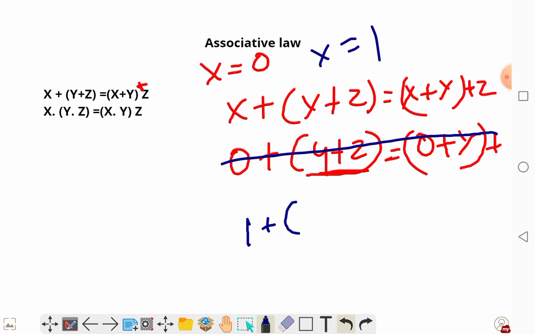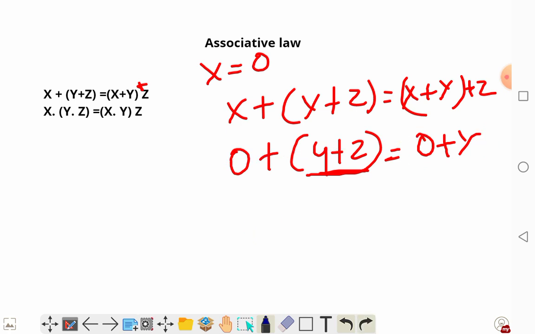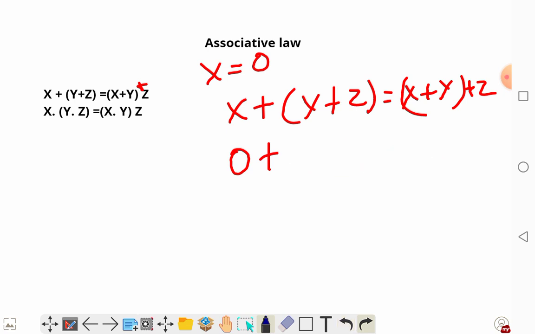I will take x is equal to 1. It's optional. Now you can understand, no confusions.